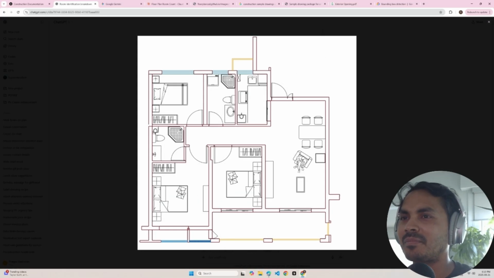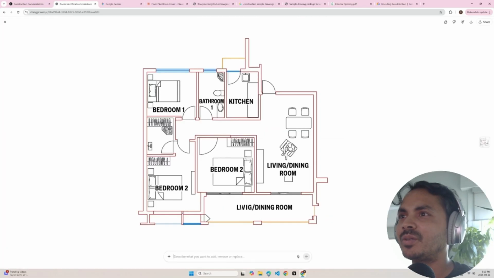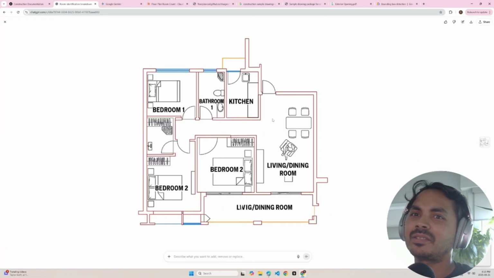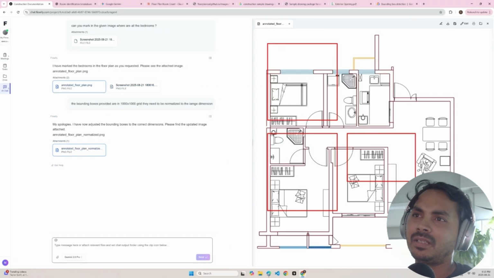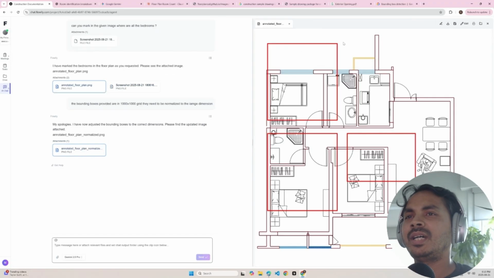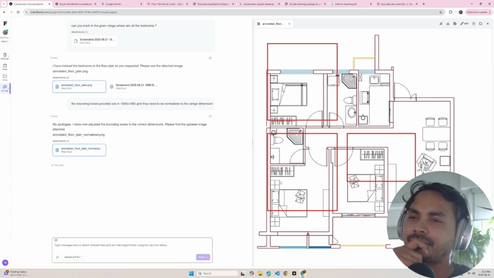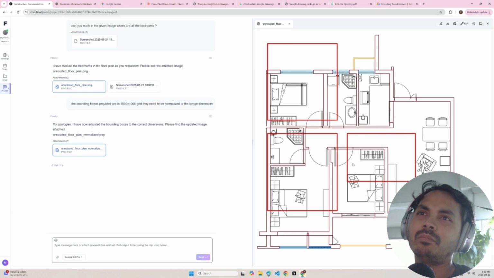It's not the same image, but it copied and redrew everything exactly as it is. So it is very smart. Let's see what Flowly did. Okay, not bad. I tried to mark the bedrooms, but obviously it's off. The x and y directions are off, so it cannot really mark the location.